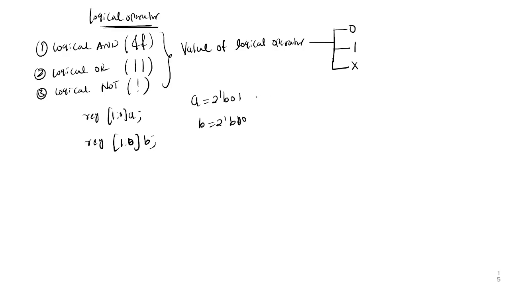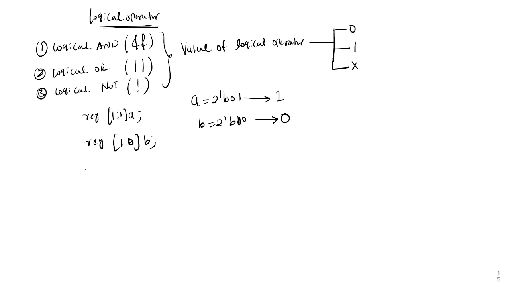If it is a non-zero value, it will be taken as 1 only, a true condition. If it is 0, it will be taken as a false condition in logical operators. Any non-zero value is taken as the whole value 1 only.